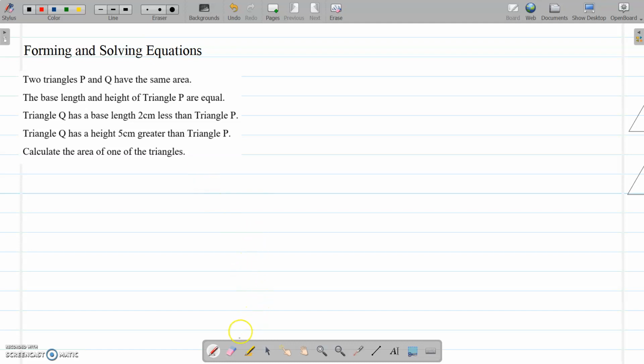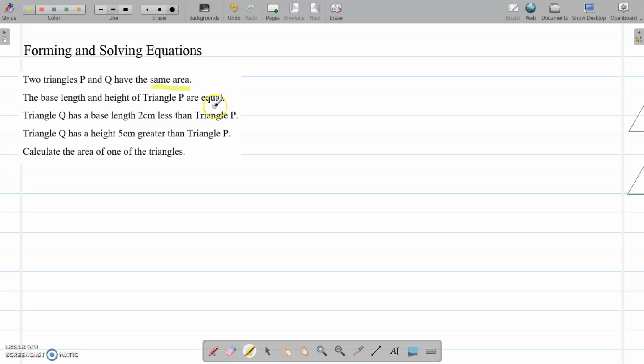And it's worth spending a few moments reading through carefully and highlighting some key information. So we've got two triangles, P and Q, with the same area, okay? Now that's important. The base length and height of triangle P are equal.